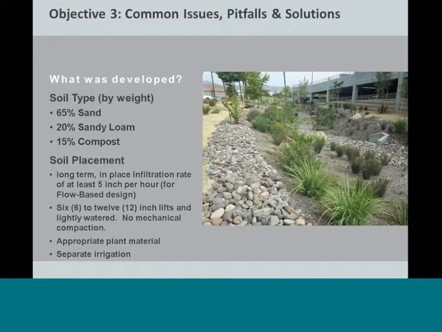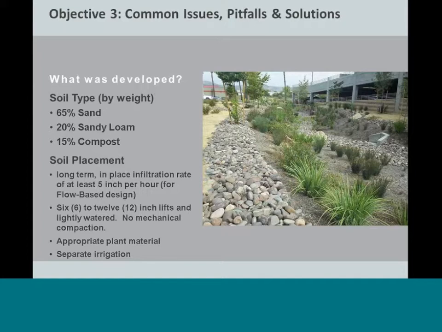So basically what came out of that was 65% sand, 20% sandy loam, which is something that we hadn't seen in the other specifications, and then the compost has been reduced down to 15%. This is actually by volume, not by weight.